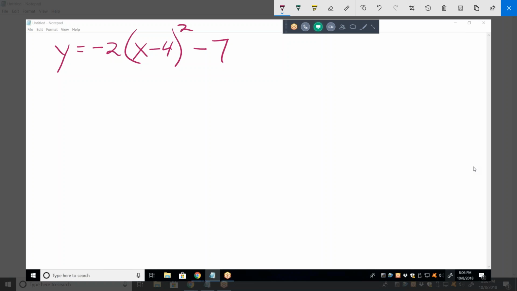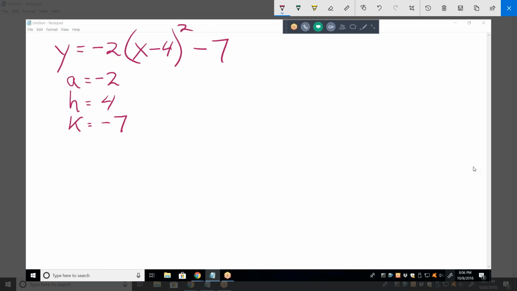But we've already seen that when it's in vertex format, it's far easier to solve. Let's first figure out what a is. A will tell you whether it opens up or down. So a is -2. What's h? 4. And what's k? -7.